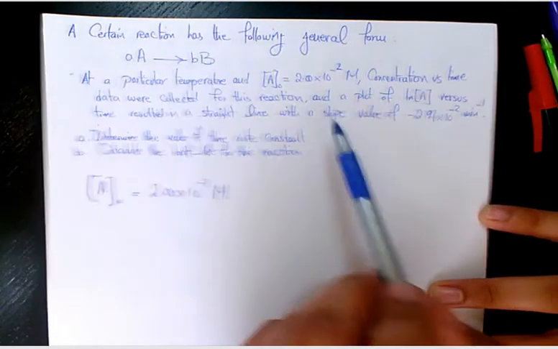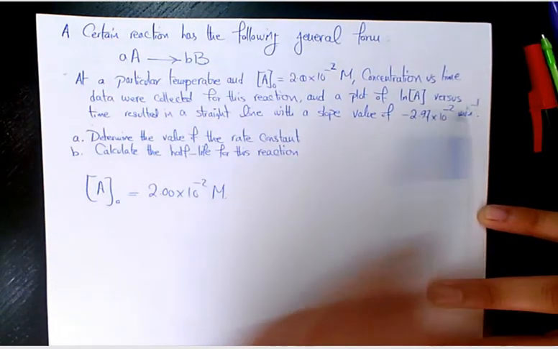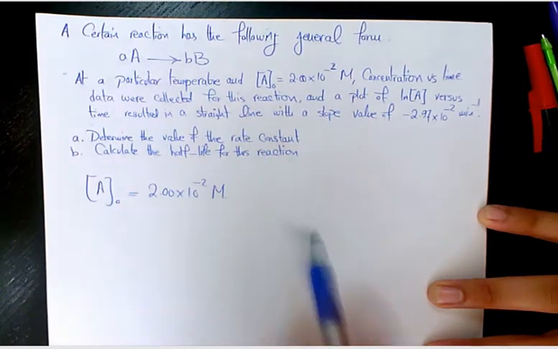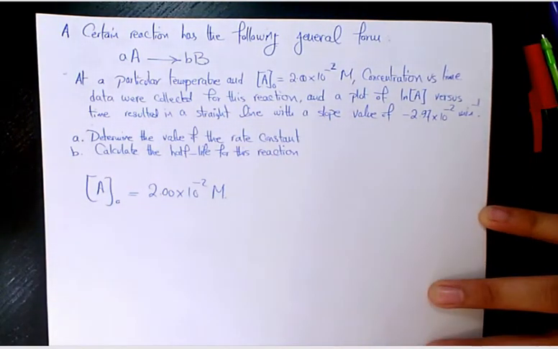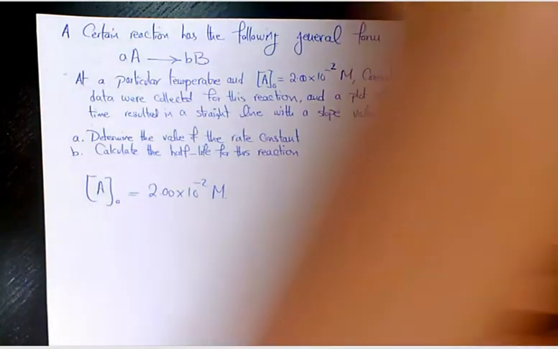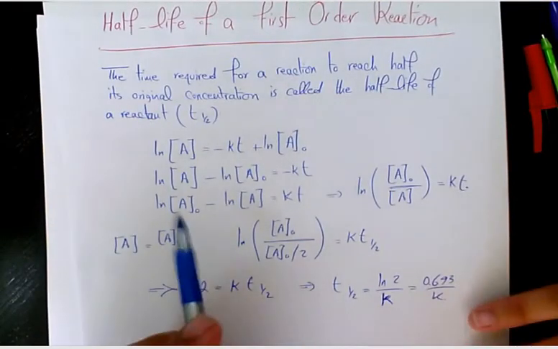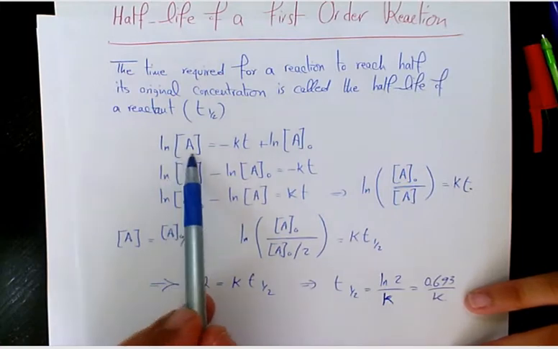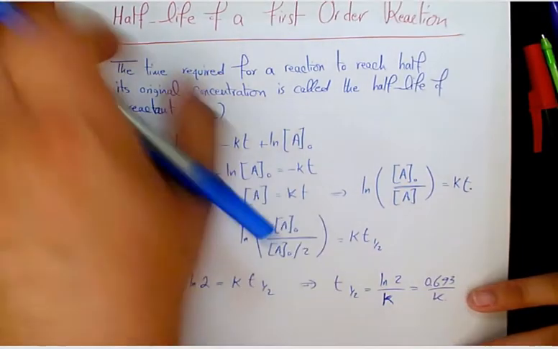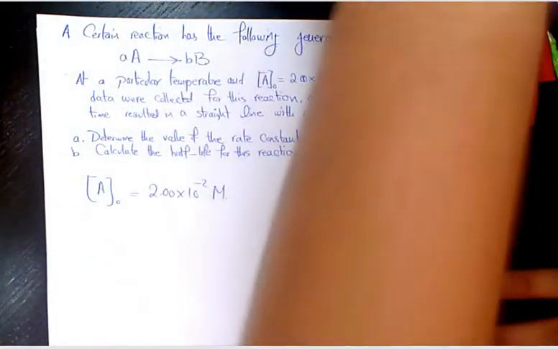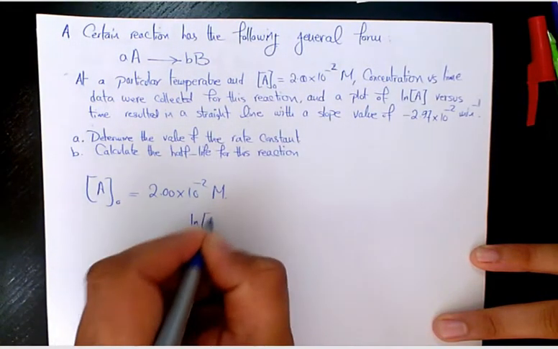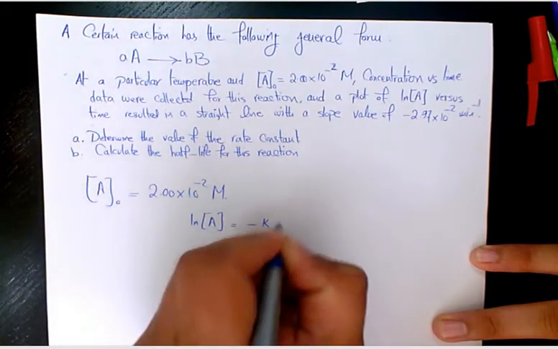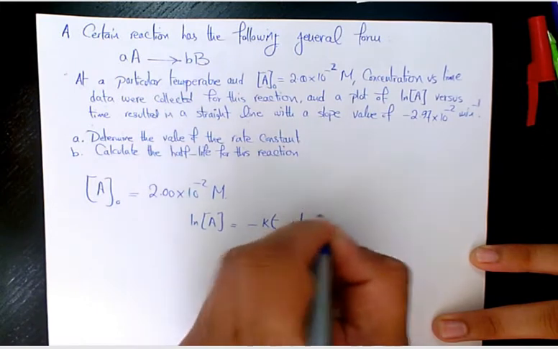What does it mean when it says the plot of ln A versus time resulted in a straight line? It means that we are dealing with a first order reaction. Why? As we saw in this formula, we have ln A equals negative kt plus ln A naught. I'm going to rewrite it again. So ln A equals negative kt plus ln A naught.